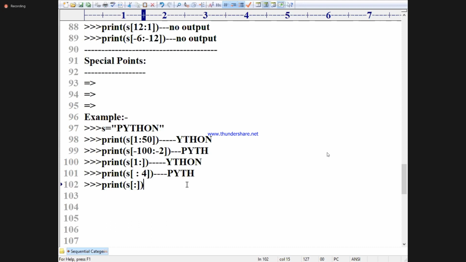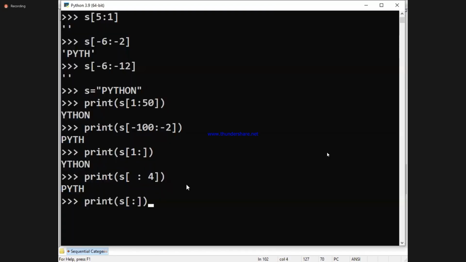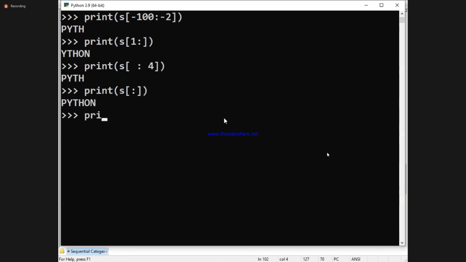So it is as good as similar to what? What is coming? Python is coming. It is as good as similar to what you know. If I go for the step concept also, it is as good as similar to this value.